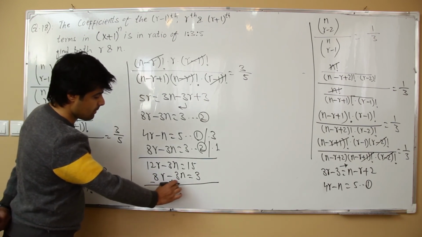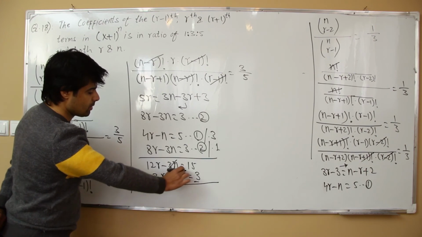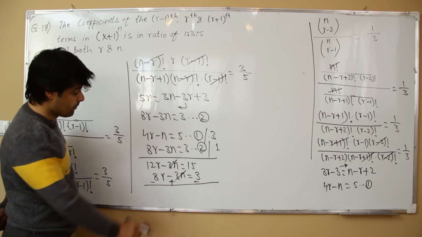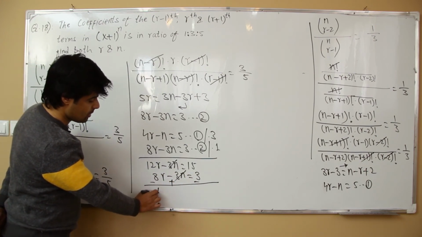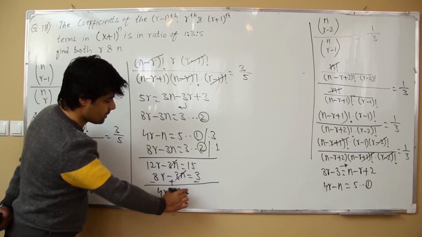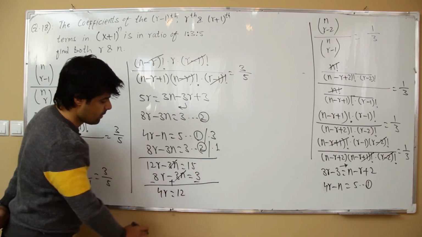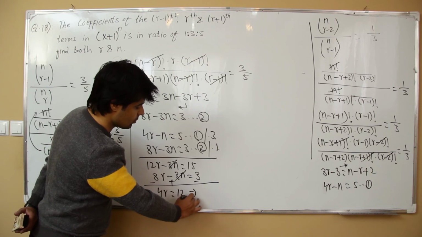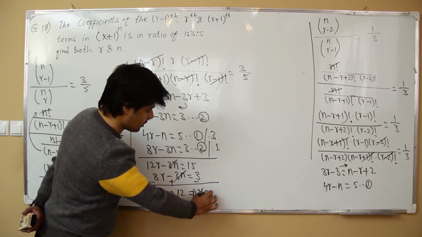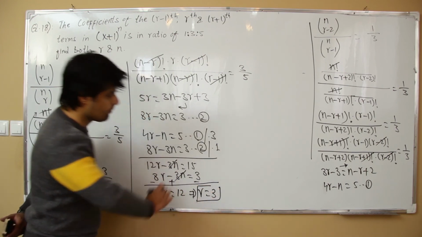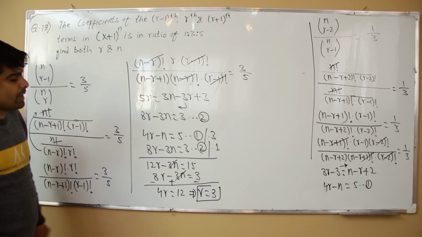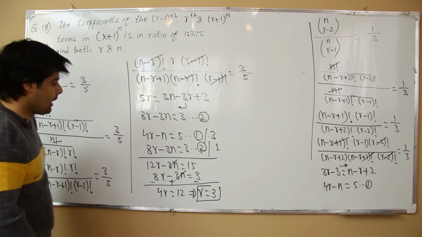It's minus, it's plus, it's minus. Why? Because 3n with 3n is cancelled, and 12 minus 8, it is 4r. 15 minus 3, it is 12. Divide both sides by 4, so you will have r is what? 3. r is 3.